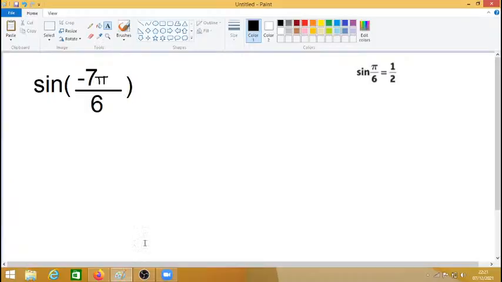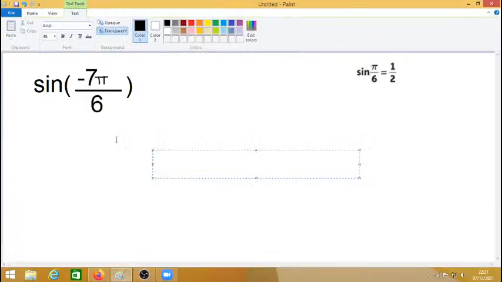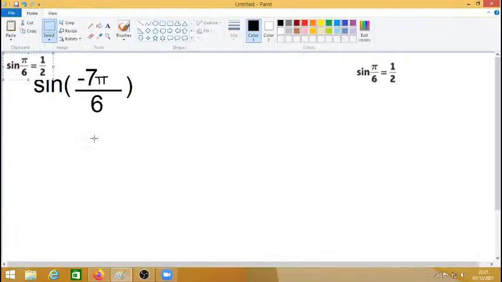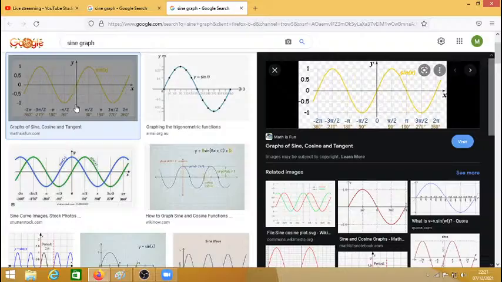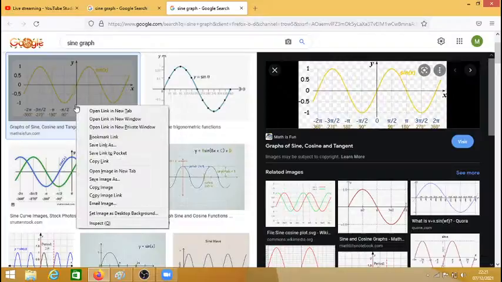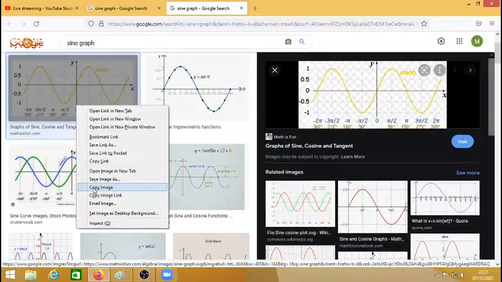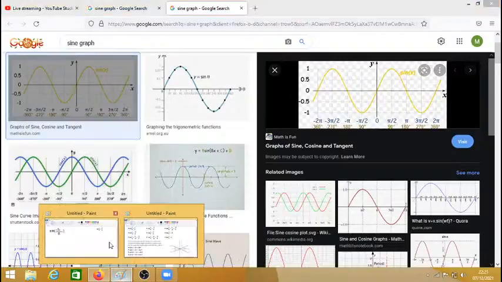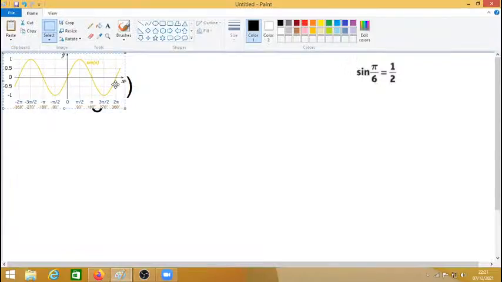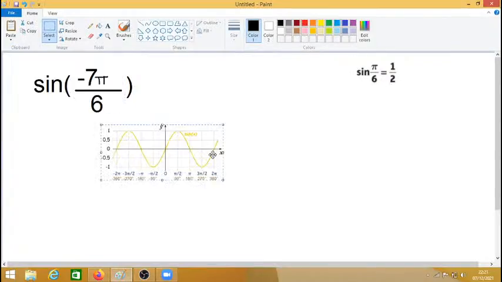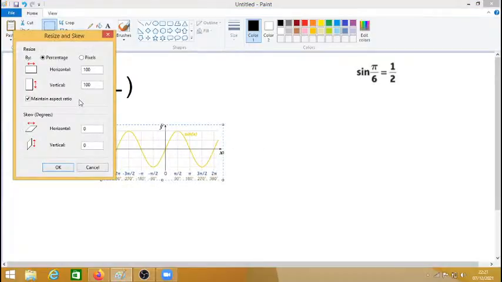But let's switch to the graph. I did say this method is based on the graph. So let's get a graph in here, and let's make it nice and big so you can see it properly.